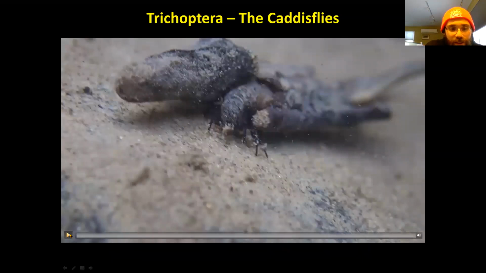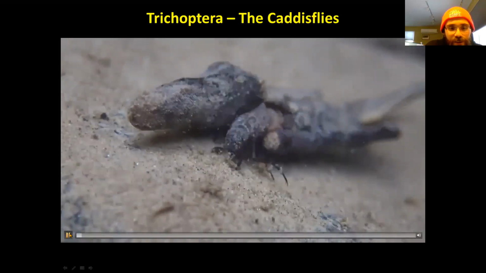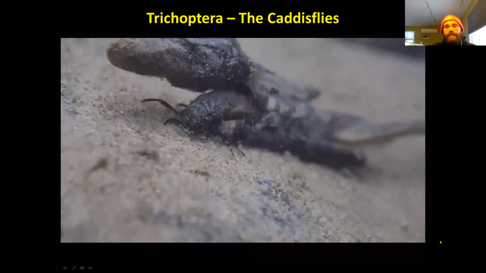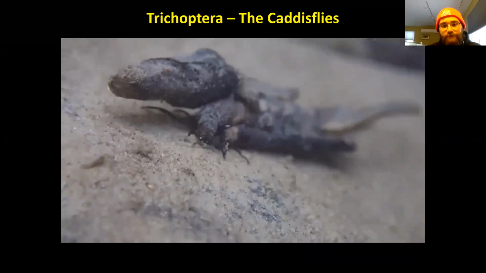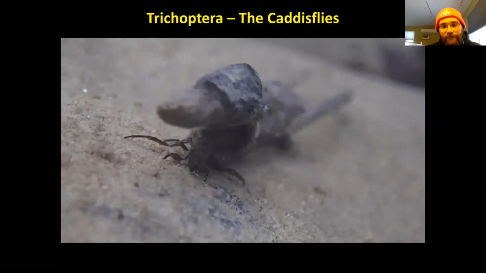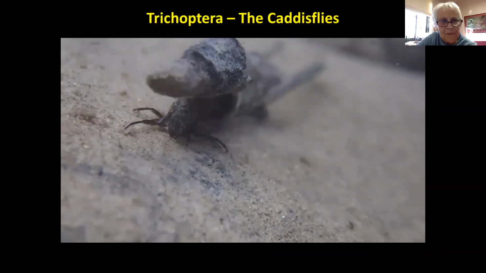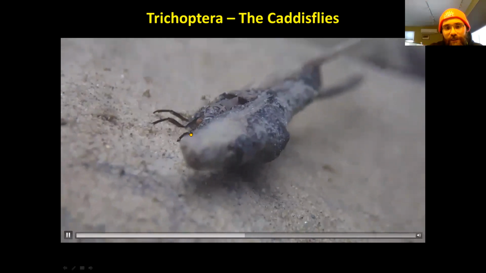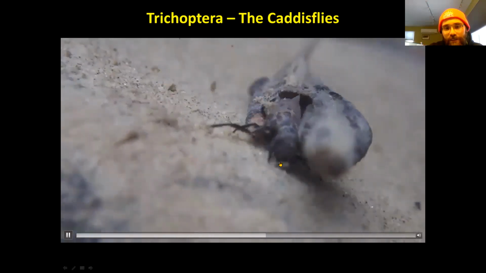And then here I'll just show you, you won't be able to hear the sound unfortunately, but here's a caddisfly in action underwater. Where's the caddisfly? The caddisfly is right here. Okay. So you can see its legs.